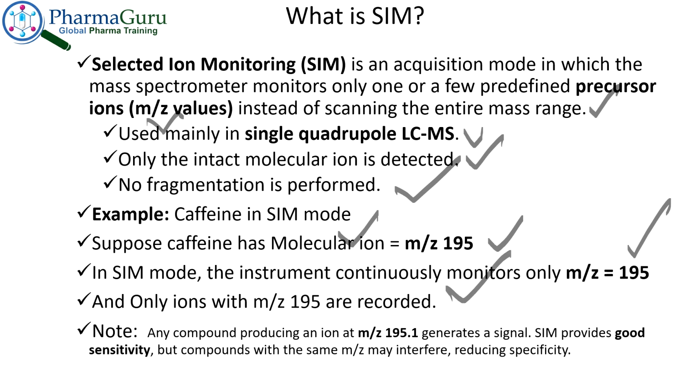Please keep in mind, any compound producing an ion at m/z 195.1 generates a signal. SIM provides good sensitivity, but compounds with the same m/z may interfere, reducing specificity and selectivity. This is one of the disadvantages of the SIM mode.